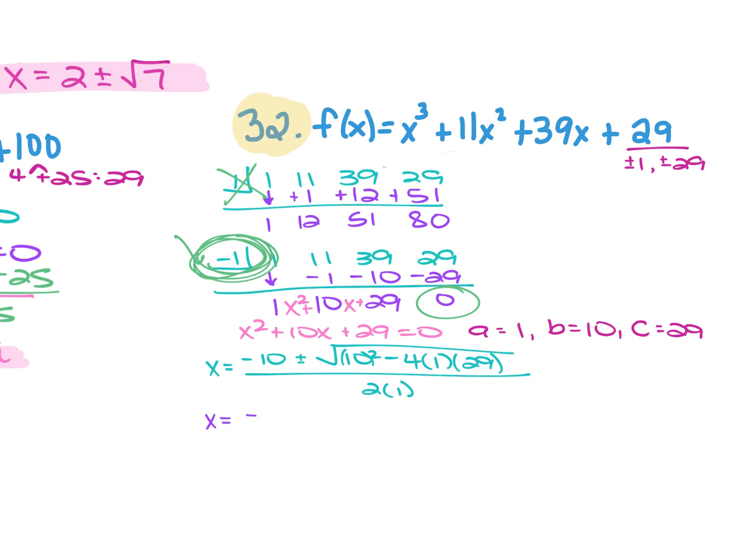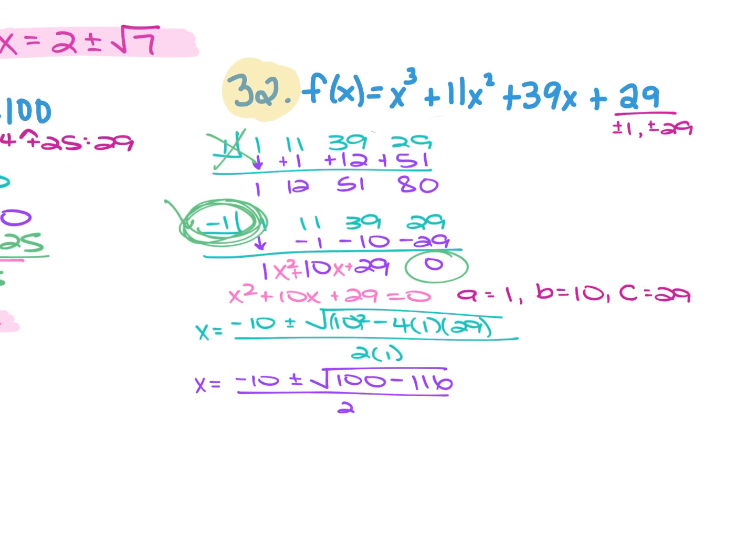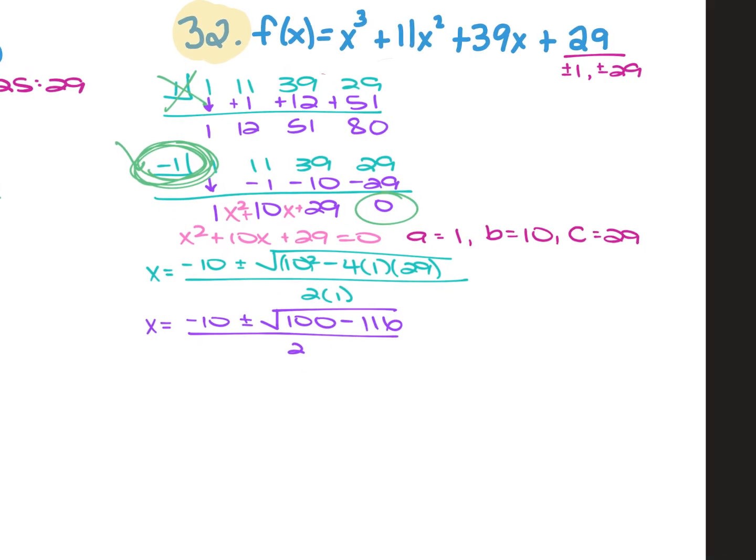This is going to simplify to be negative 10 plus or minus the square root of 100 minus 4 times 1 is negative 4 times 29 gives us 116 all over 2. Now that 100 minus 116 is going to leave us with x is equal to negative 10 plus or minus the square root of negative 16 all over 2.